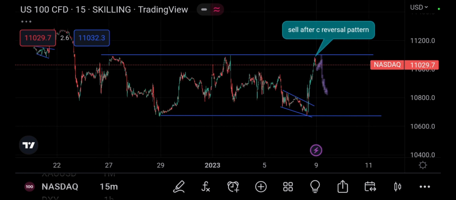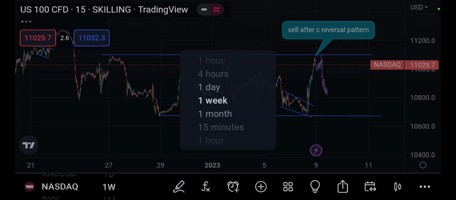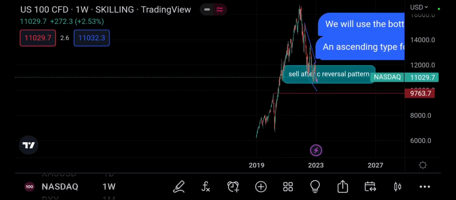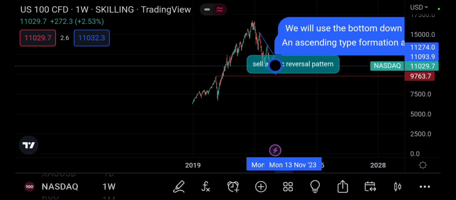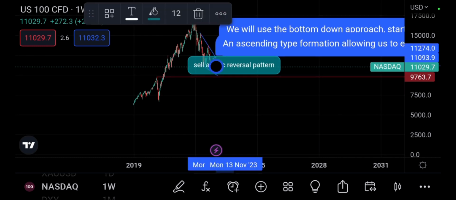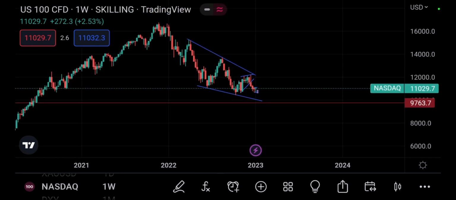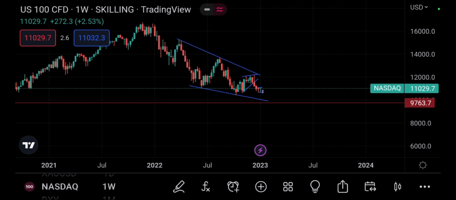All right. So we're gonna use the top-down analysis, starting maybe from the weekly time frame. On the weekly time frame, we're having a descending channel, which is a reversal pattern.